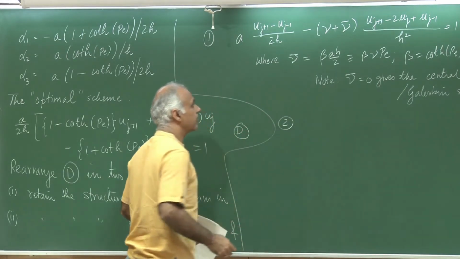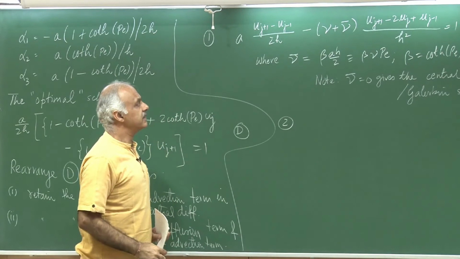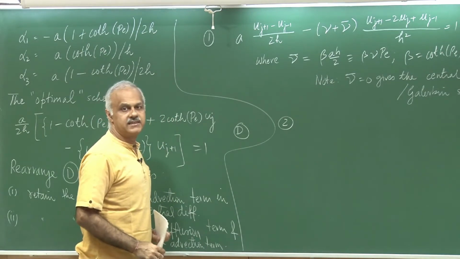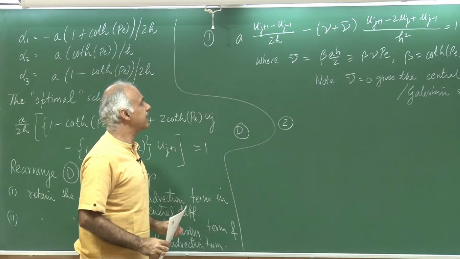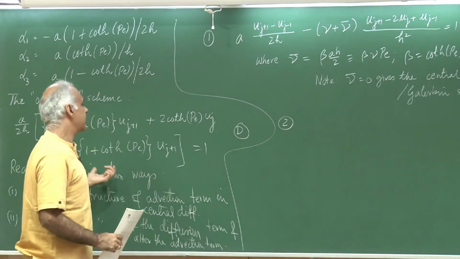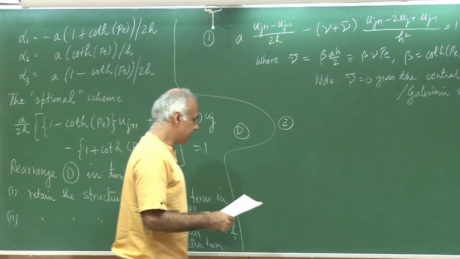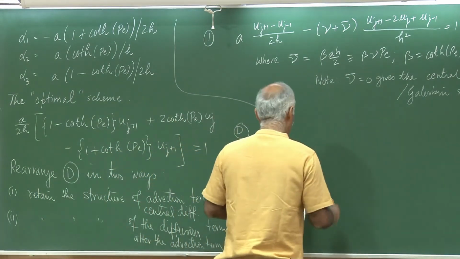The second is we are going to retain the diffusion term as is, but we are going to alter the advection term. So, we are going to rewrite equation D to do that, and that looks like this.